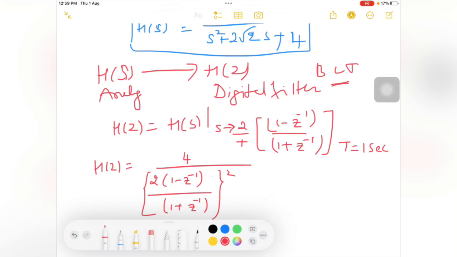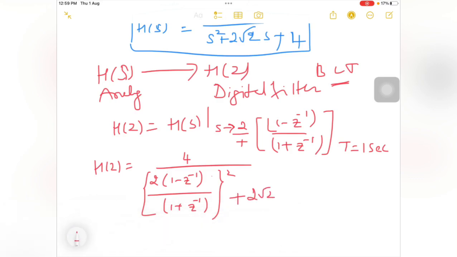So now plus 2 root 2 into s, therefore 2 into (1 minus z inverse) divided by (1 plus z inverse), okay, plus 4. Got it?